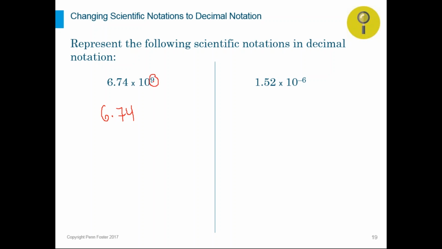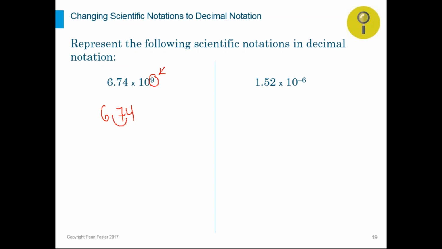To which direction? To the right, because I want this number to be a big number. It's a positive exponent, so this number should be an extremely large number. And that only will happen if you move the decimal point to the right 9 places.